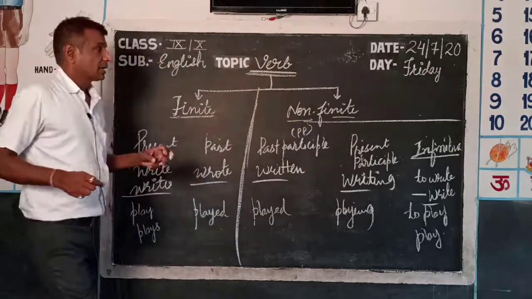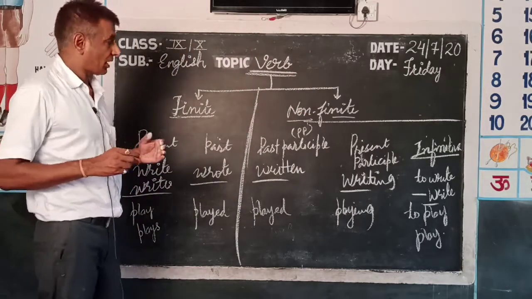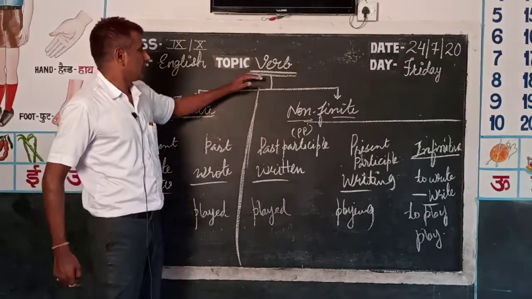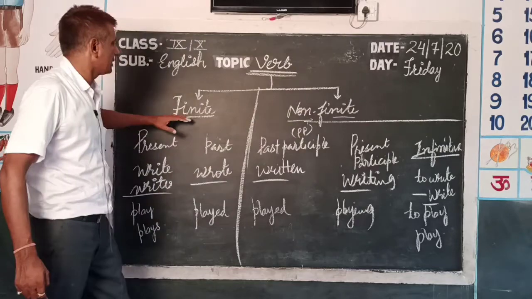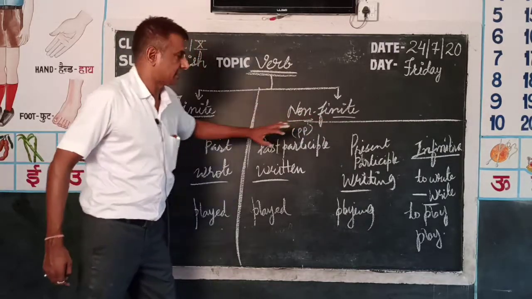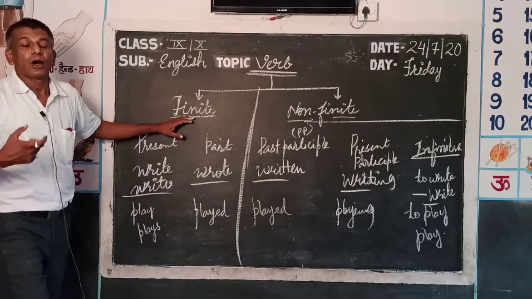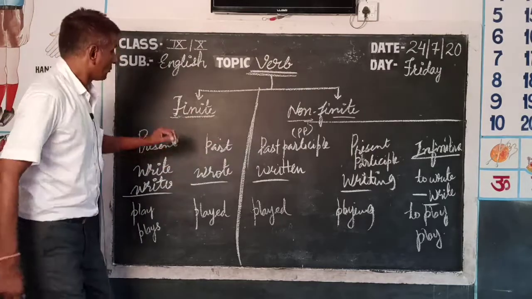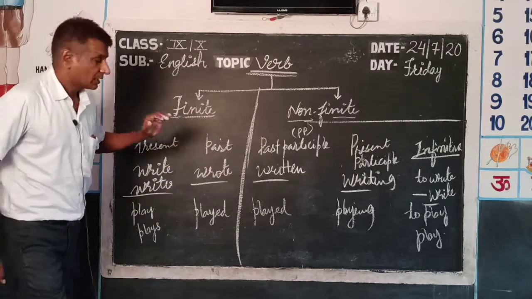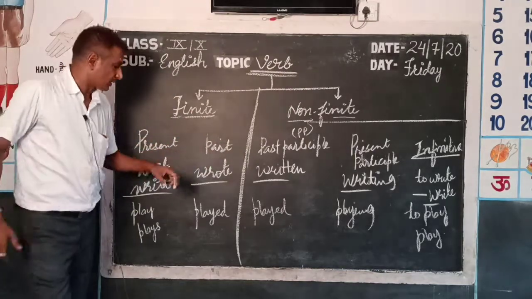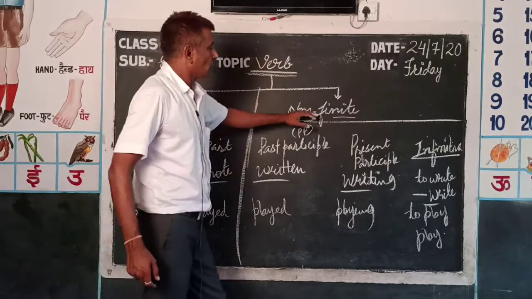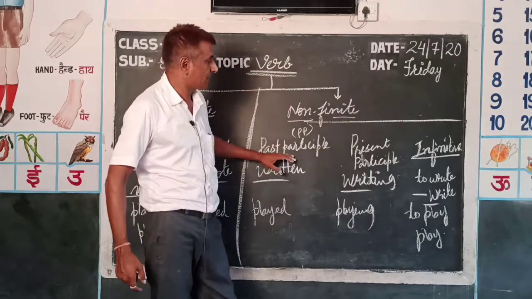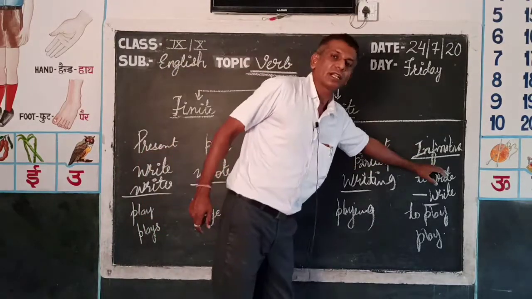So students, in this class we have learned the parts of verbs. We divide them into 2 categories, finite and non-finite. What do we call finite? We call the present form or the past form of any verb finite verbs. And non-finite verbs are past participle, present participle or infinitive.